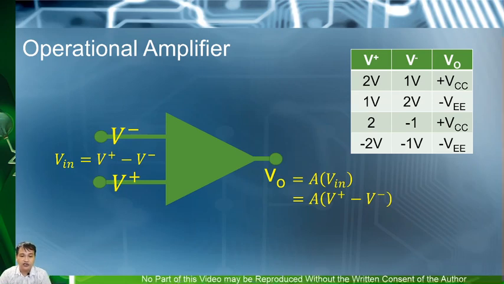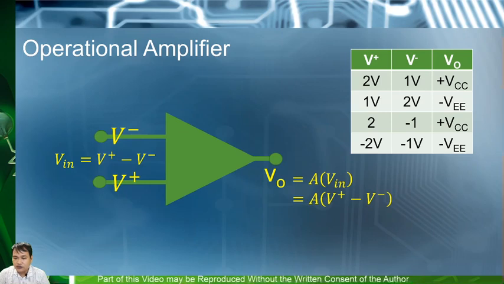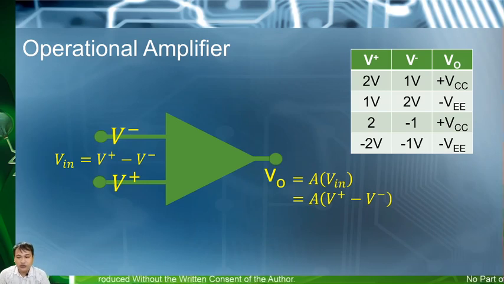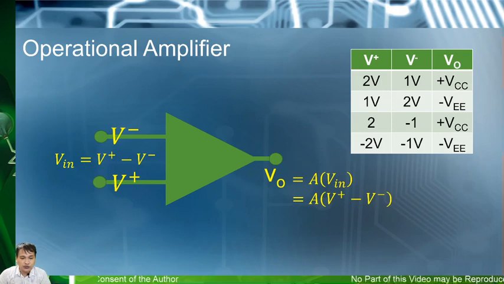Next one, if we apply negative 2 volts to the non-inverting terminal and negative 1 volt to the inverting terminal, so negative 2 minus negative 1 equals negative 1, times the gain of the op-amp, the output would be negative VEE.